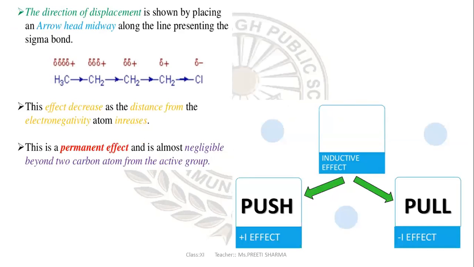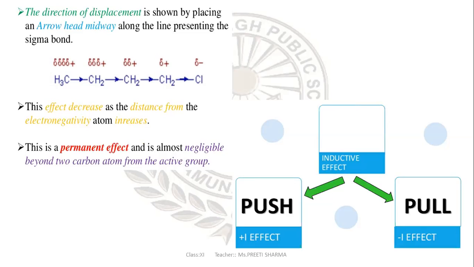See, now the direction of displacement is shown by placing an arrow head midway along the line representing the sigma bond, right? Suppose this is a carbon chain and one Cl group is present at the end of the carbon chain, which is electron withdrawing in nature. Now it will take all the electron towards itself, being electronegative, and carbon will acquire the positive charge here, right?